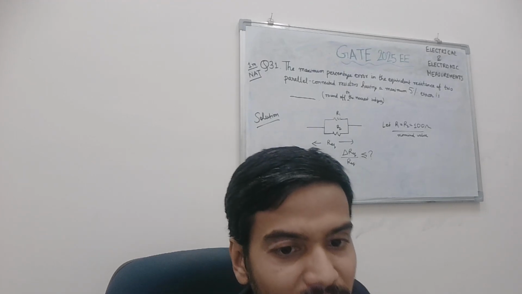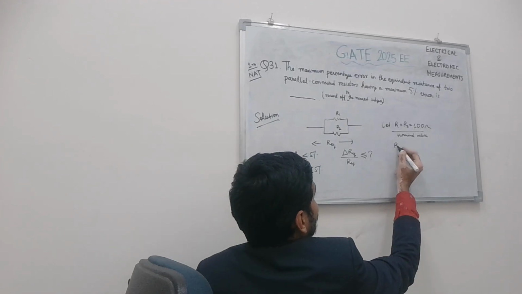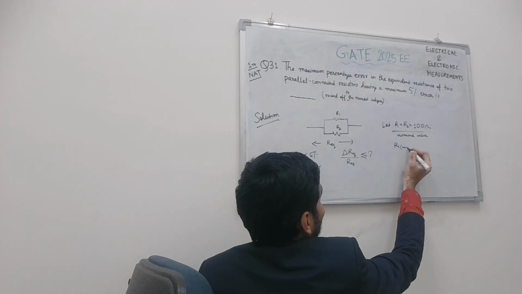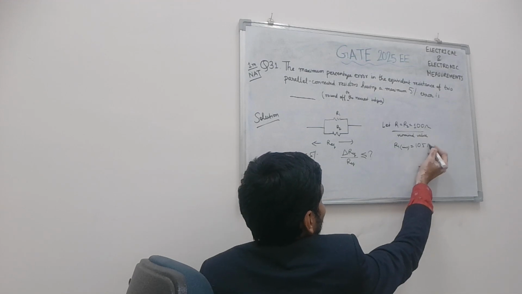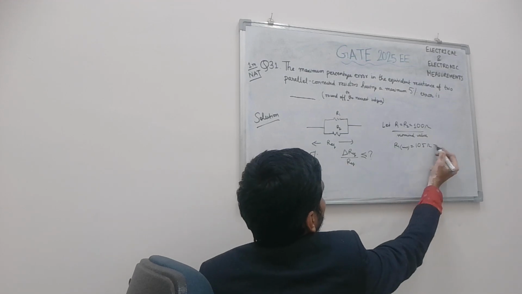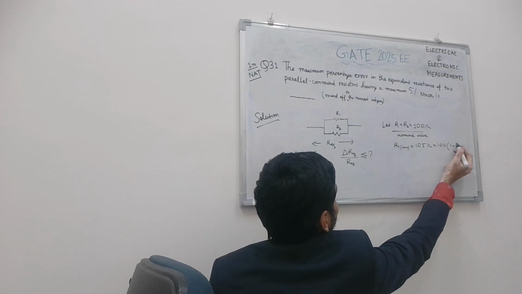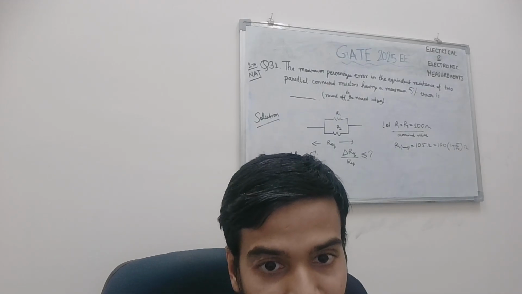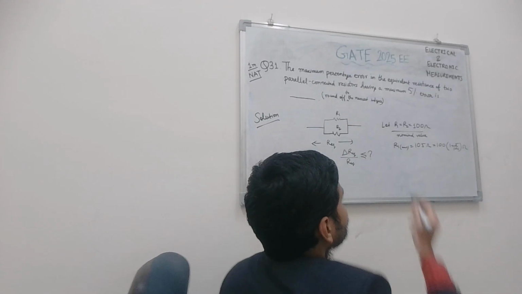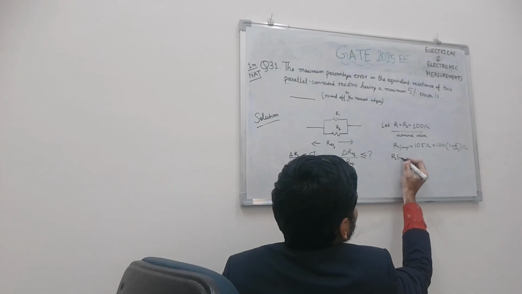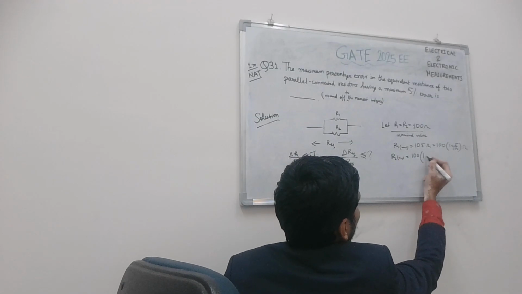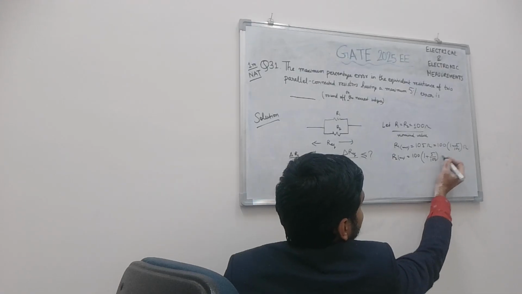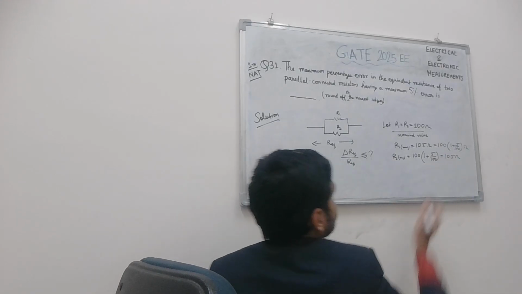Maximum 5% error means R1 can go up to maximum value 105 ohms, that is 100 into 1 plus 5%. Similar is the case with R2, 100 into 1 plus 5%, that makes it 105 ohms.